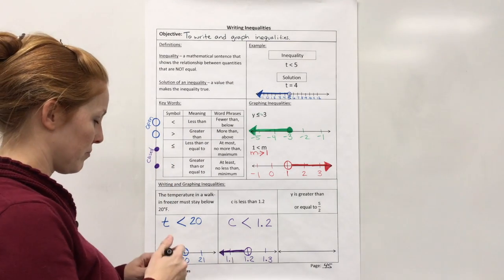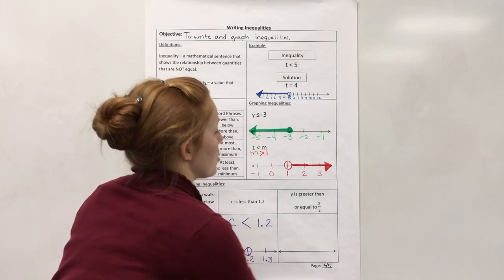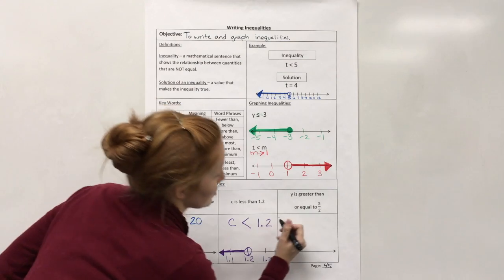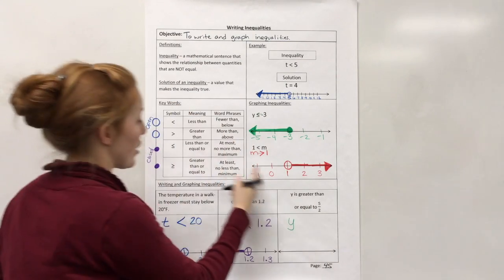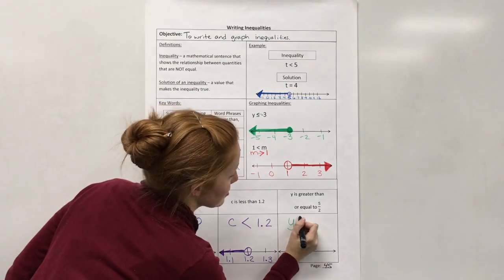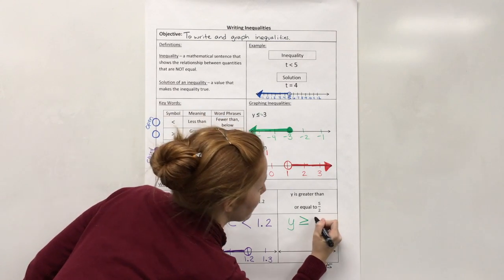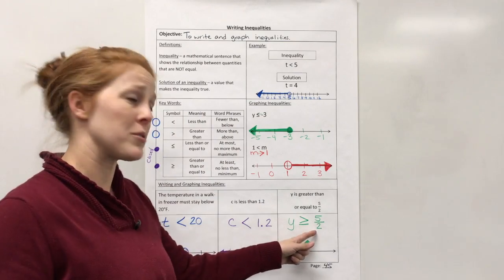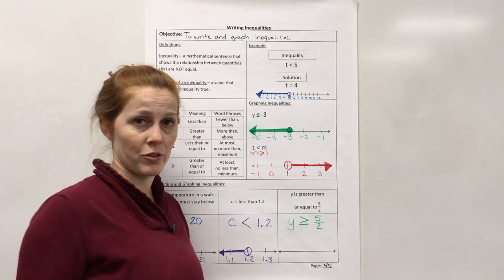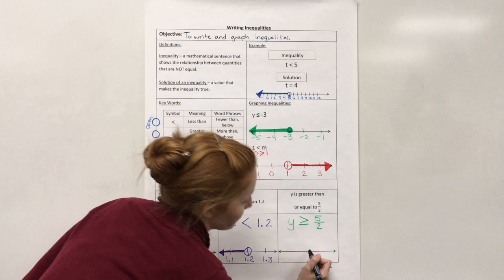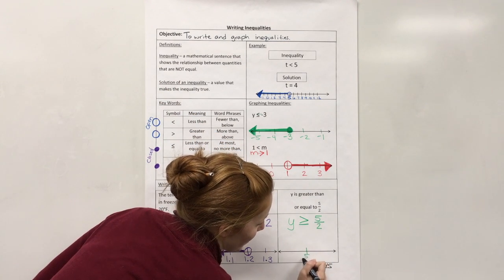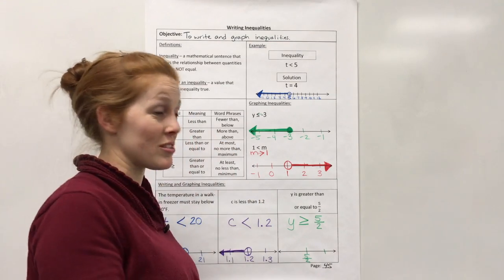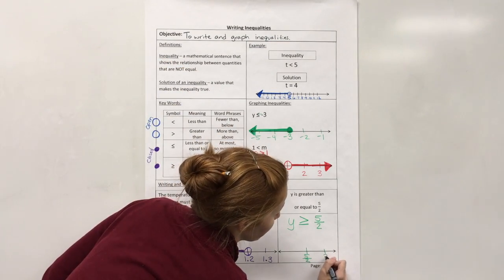Okay, last one. Y is greater than or equal to 5 halves. So Y greater than or equal to looks like this. And then 5 halves. Now, you could change that to a decimal if you wanted, or you could keep it as a fraction. We'll keep it as a fraction for now. So 5 halves. Well, after that would be 6 halves, which is the same as 3.